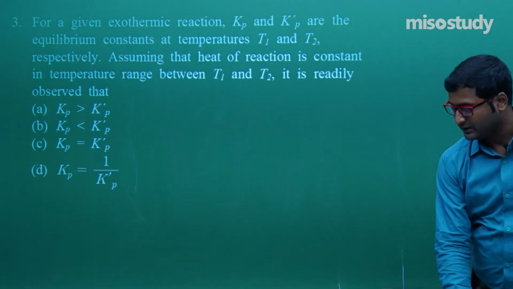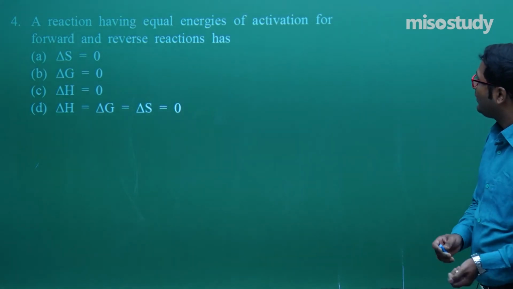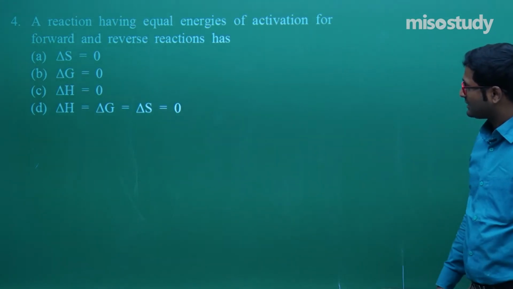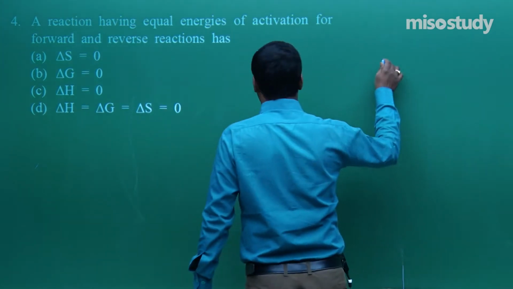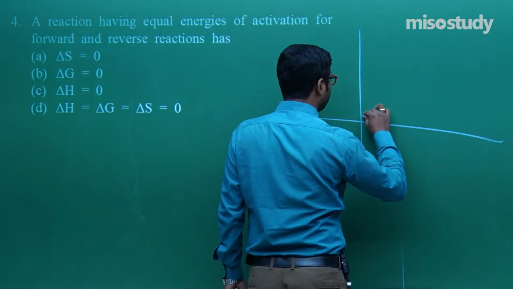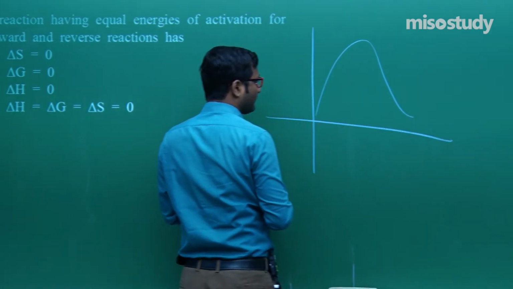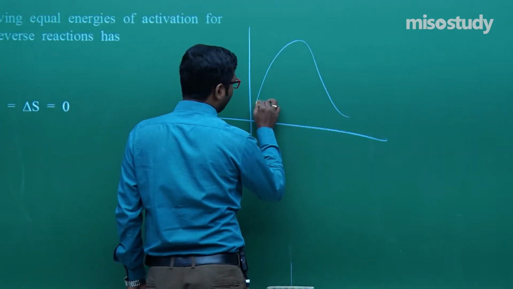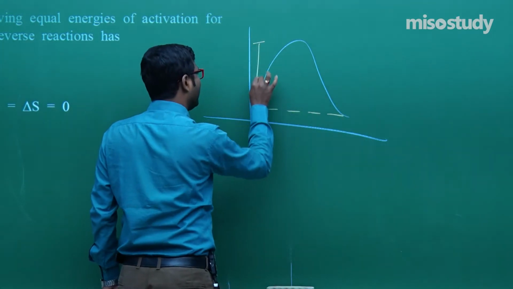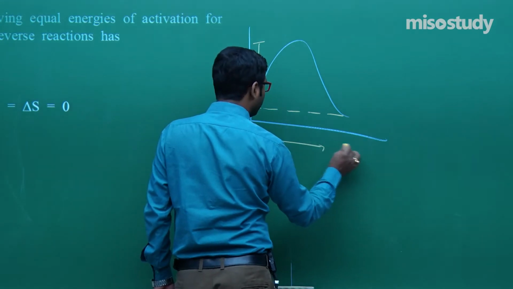Now the next question is question number 4. A reaction having equal energies of activation for forward and reverse reaction. What to do? Look at this. If this is the graph, this is the energy graph against the reaction progress.